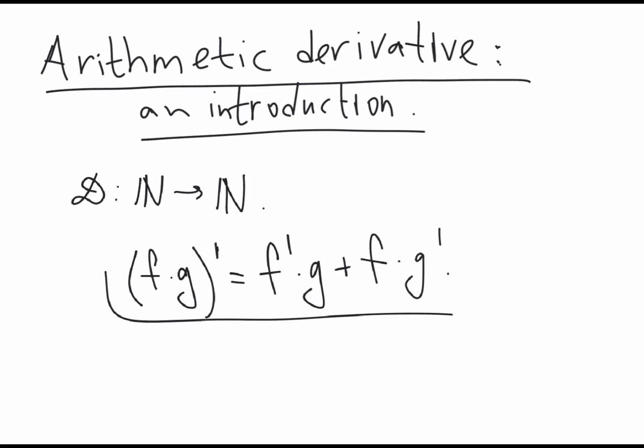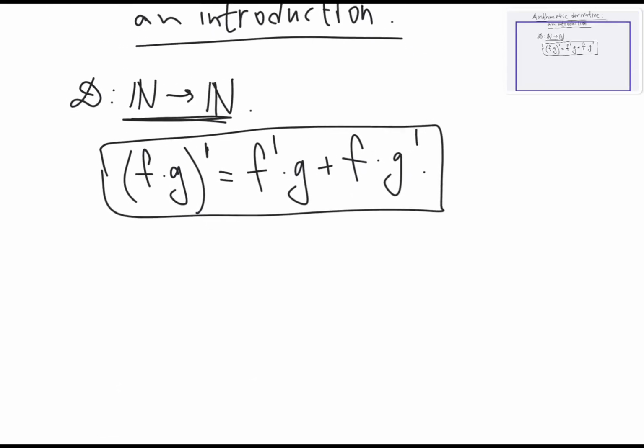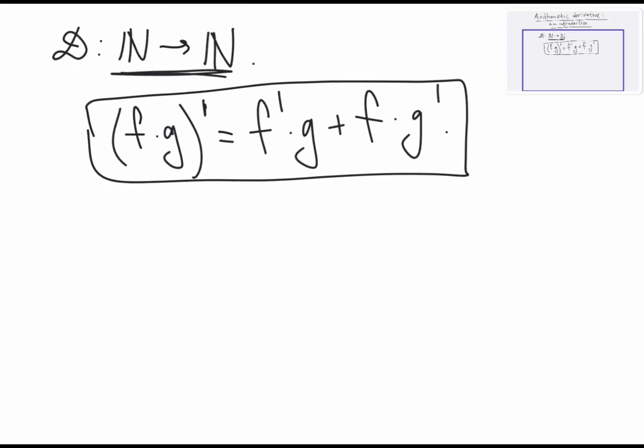This is basically the product rule, and we want to make something similar for a function from natural numbers to natural numbers. So that's basically the idea.